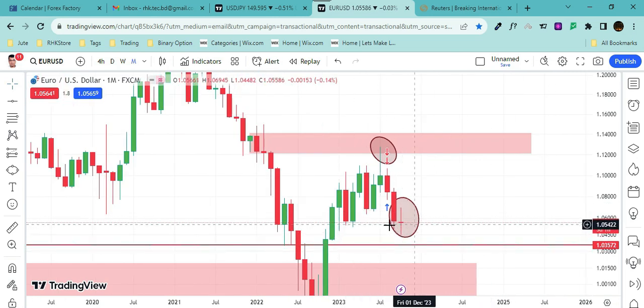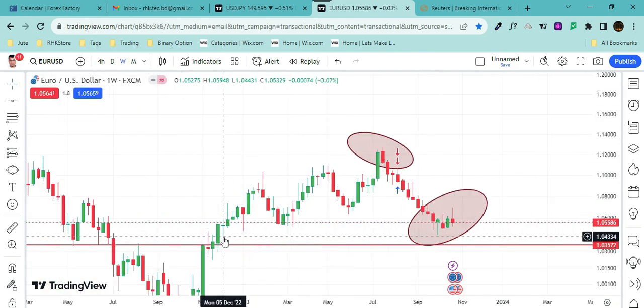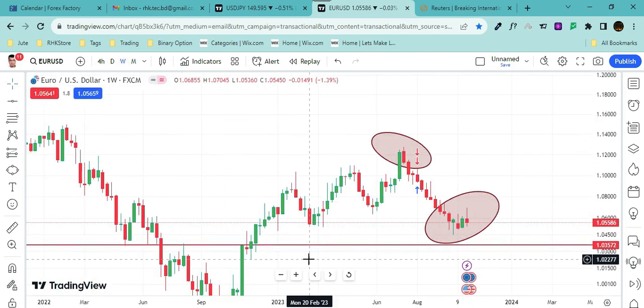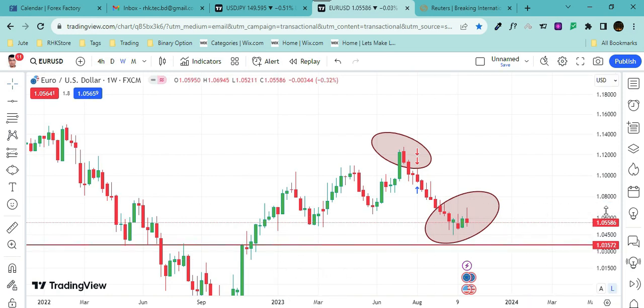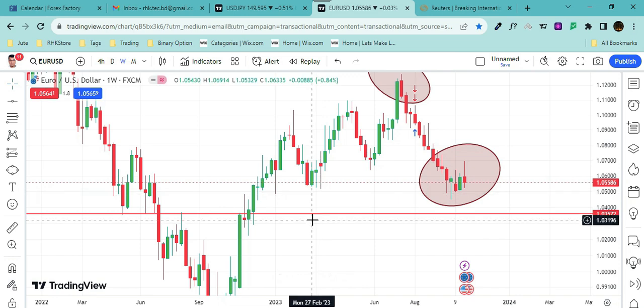There is nothing very clear, though we can see a tweak here. But if we go to weekly, we can see it better, I think. So in the week, there are two things we need to take into consideration.